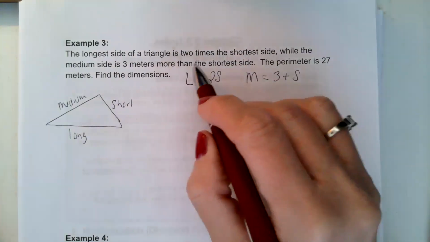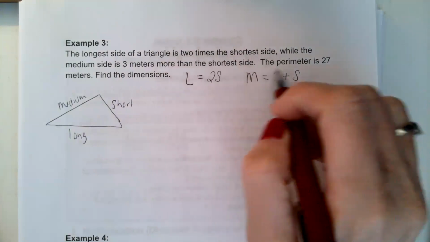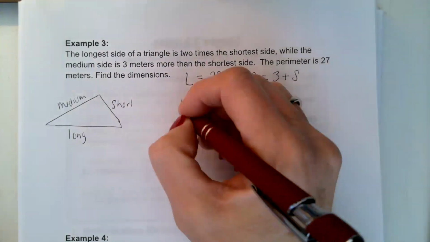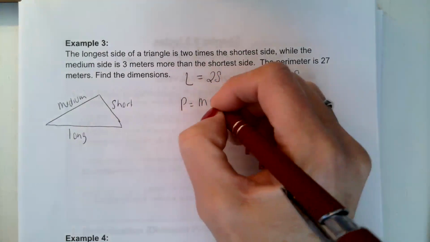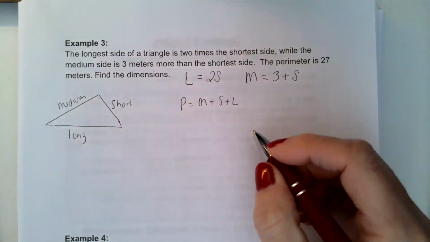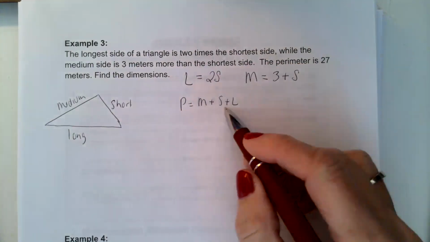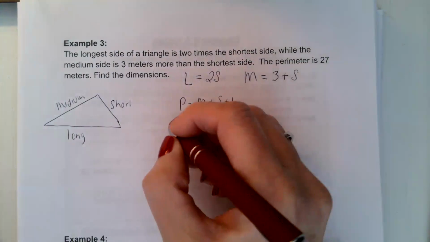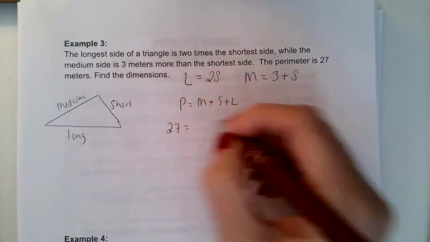The perimeter equals the medium plus the short plus the long. So hopefully we can get them all in one letter. We know the perimeter is 27 meters.